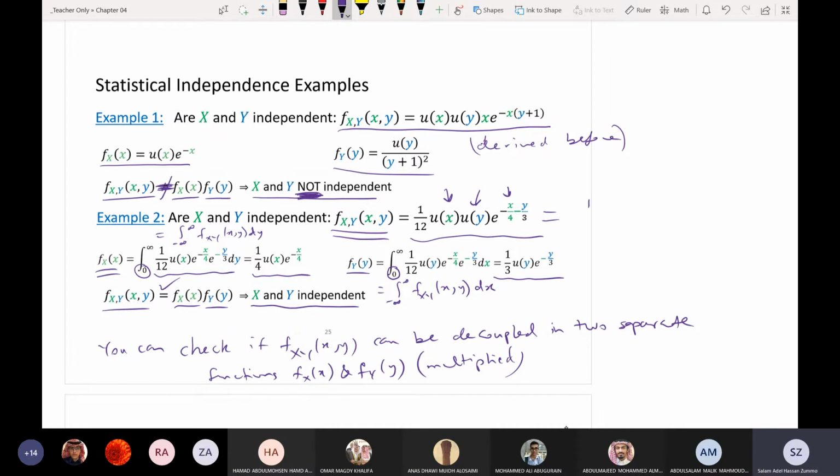So basically, you can see that this is equal to 1 over 12 u of x e to minus x over 4, multiplied by u of y e to minus y over 3. Now, one expression for f of x, and the other expression for f of y.